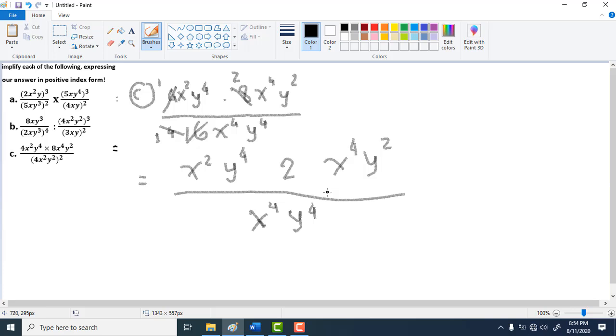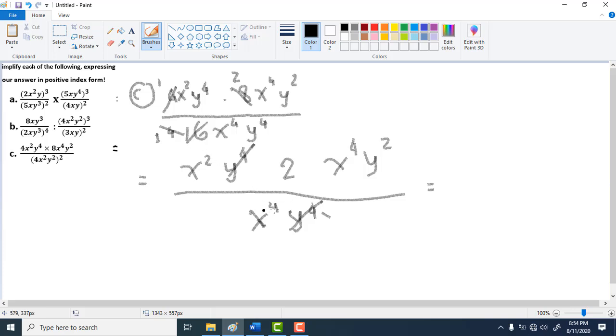Okay, we cross out the y, 4 minus 4, 0, y to the power of 0, any number to the power of 0 equals 1. So it becomes x to the power of 2.